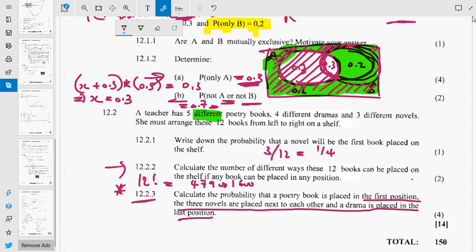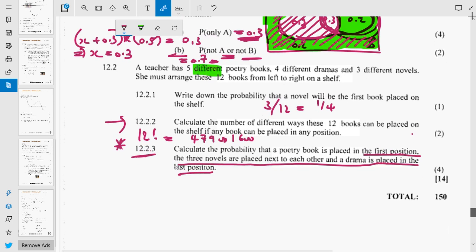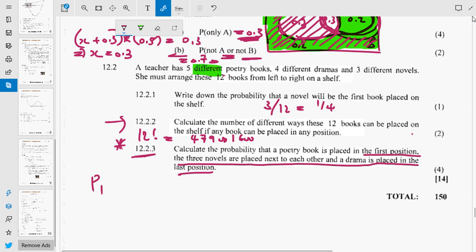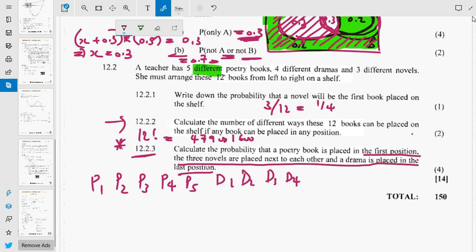So the best way to think about doing this question is, I have 5 different poetry books. They are different. So I'm going to say poetry 1, poetry 2, poetry 3, poetry 4, poetry 5. And I have 4 different drama books, so drama 1, drama 2, drama 3, and drama 4.